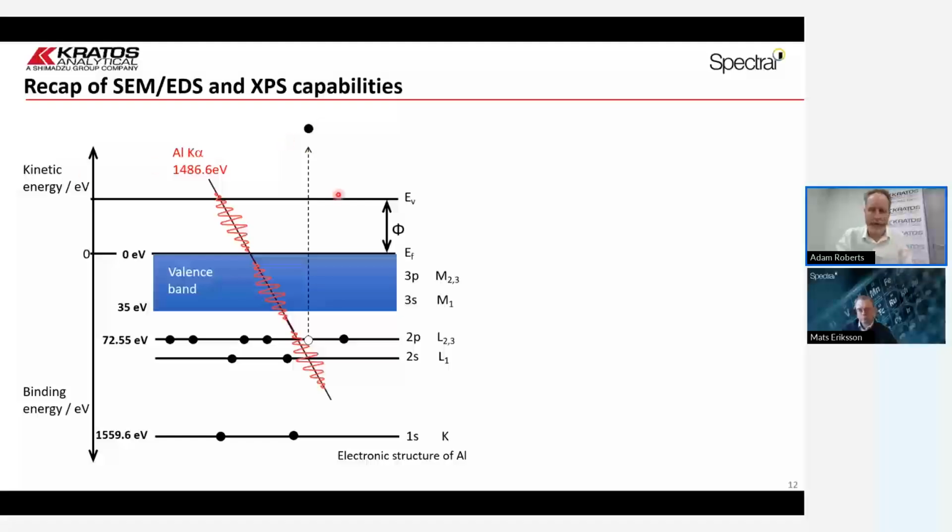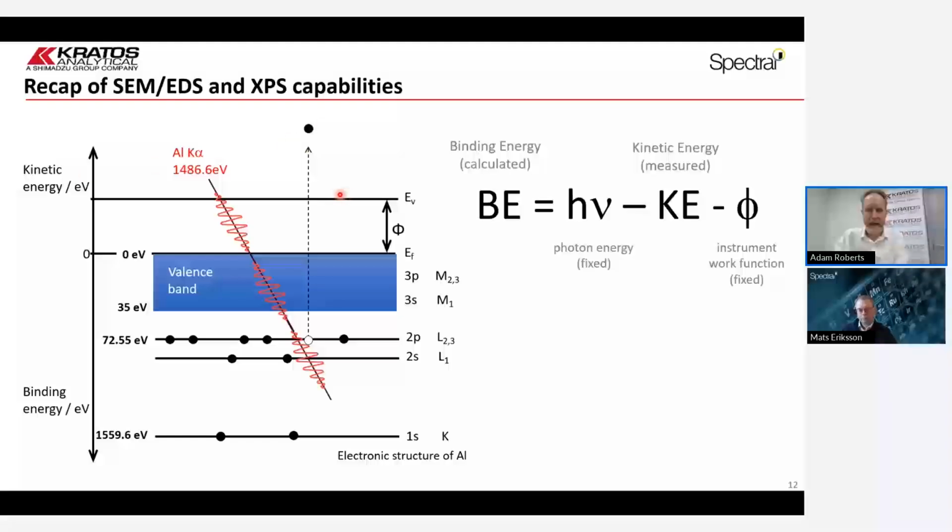So we typically measure the kinetic energy. That's what we're measuring in XPS. And that's related to the binding energy of that electron in the orbital by this very simple equation. We know the photon energy, so that's the energy of our X-rays.